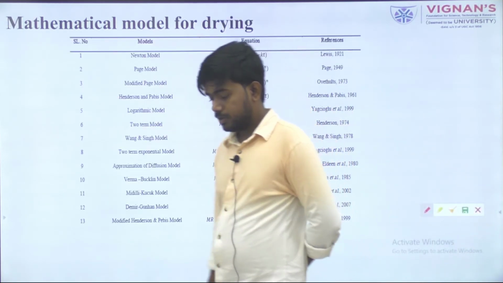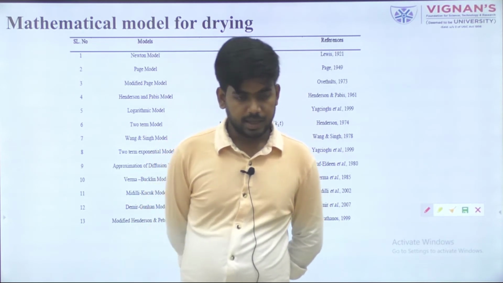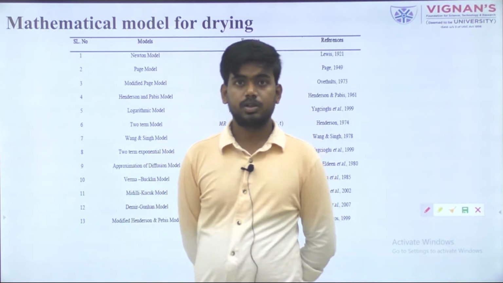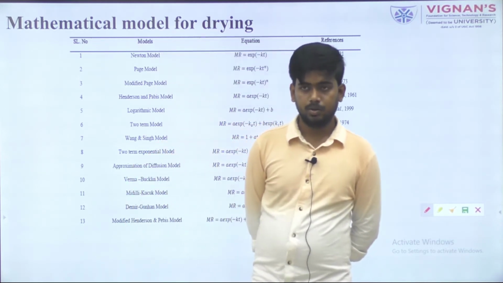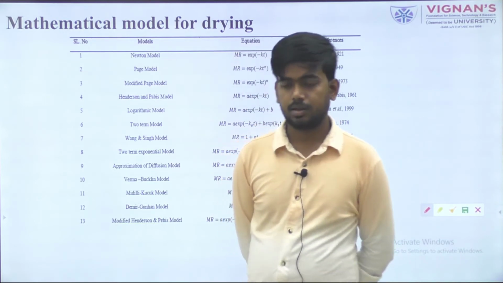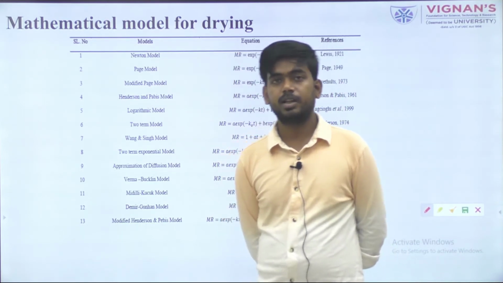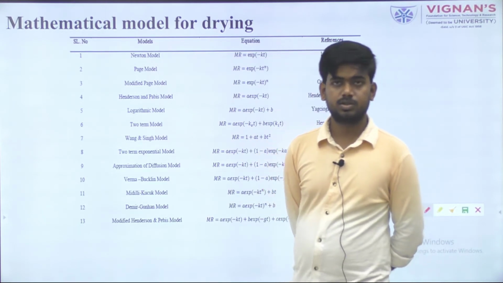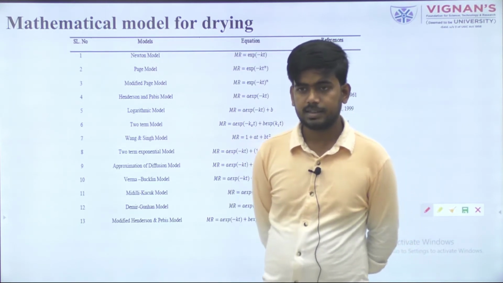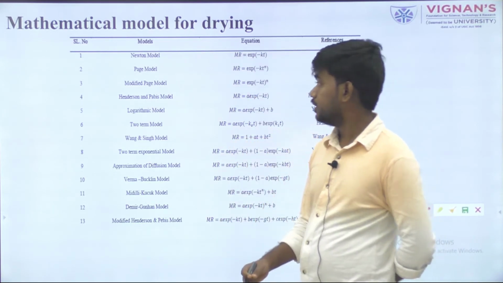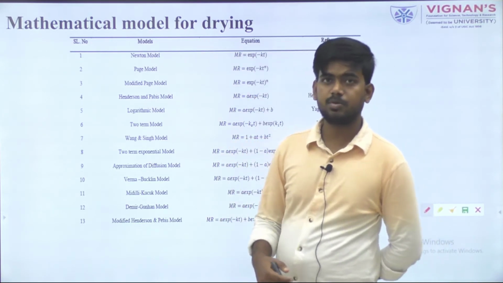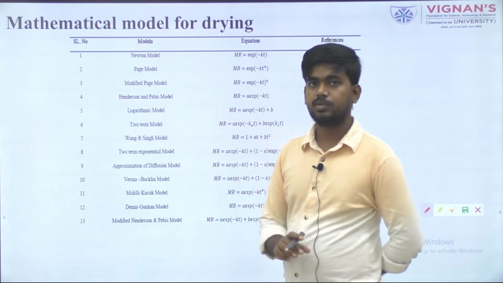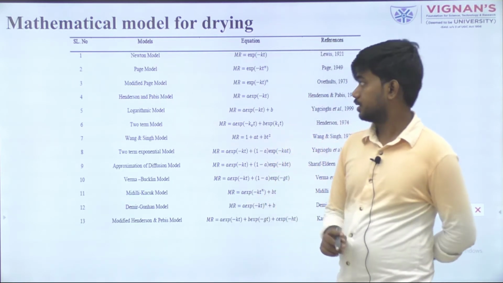When we are going for any type of drying calculation, the majority of the time we go for different types of mathematical equations. It is not in your syllabus or enlisted in a book. For your reference or for any comparative exam, two to three formulas are very important.